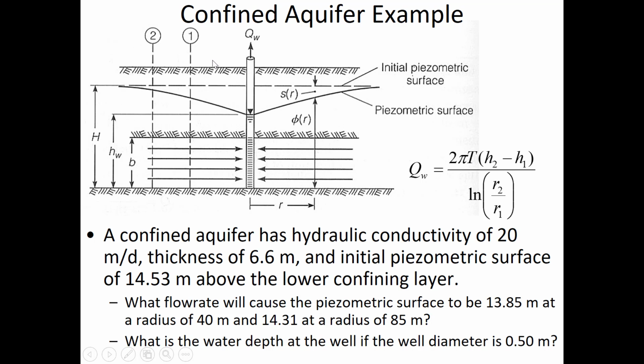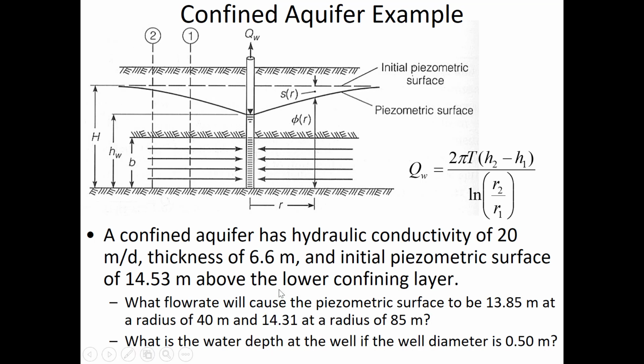And so location 2, I've just told you that location 1 is going to be the well casing itself. Location 2 just means some spot further away where you know both the radius to that location and also the H value at that location.